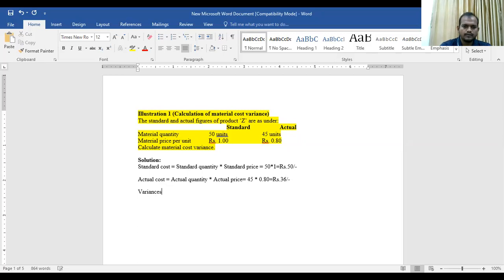So how to calculate the variances? First one, material price variance. Material price variance is the difference between actual price and standard price: actual quantity into standard price minus actual price.